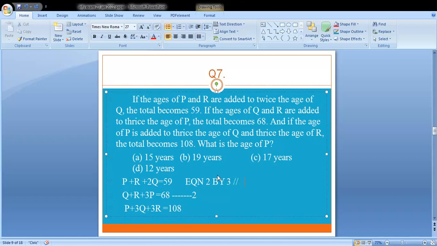That is 3Q plus 3R plus 9P equal to 204.